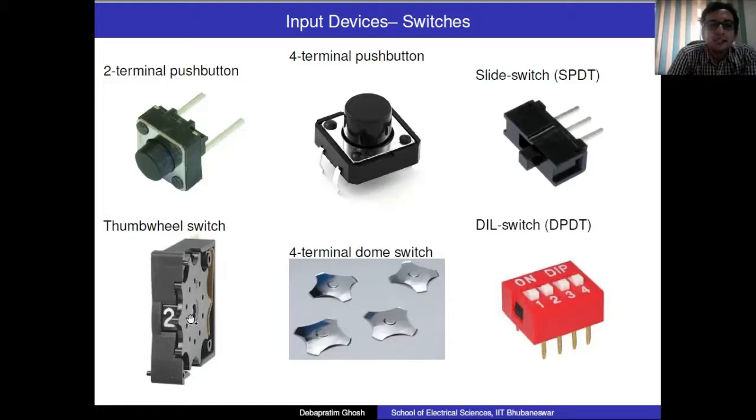Then you have something called a thumb wheel switch, which can give output in the form of a multiple n-bit digital value. Then you have other forms of surface mount push buttons, which are called dome switches. Now, another example is something called a dual inline switch, which are double pole double throw switches.